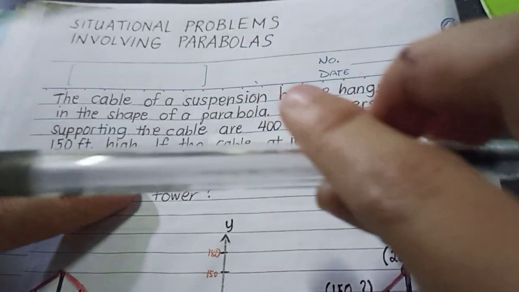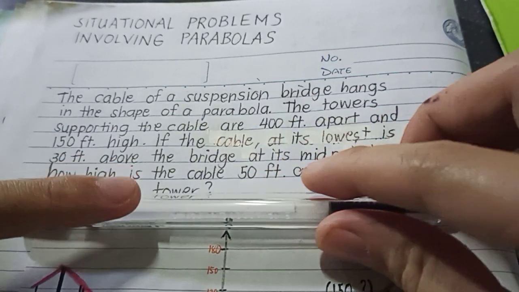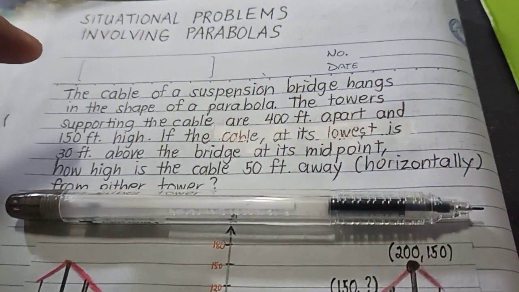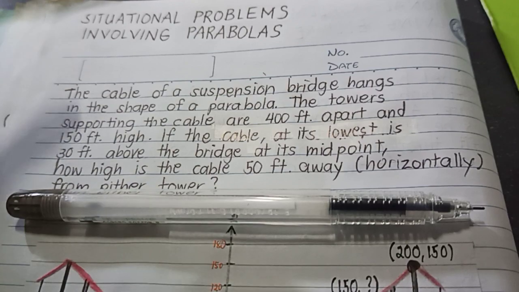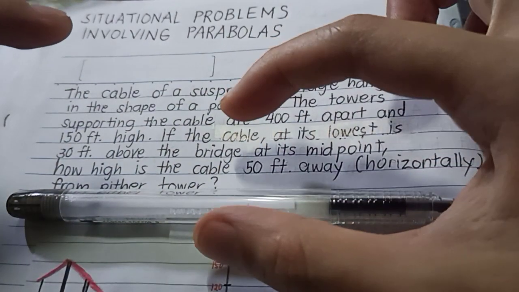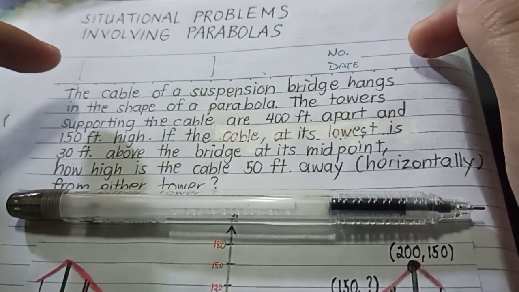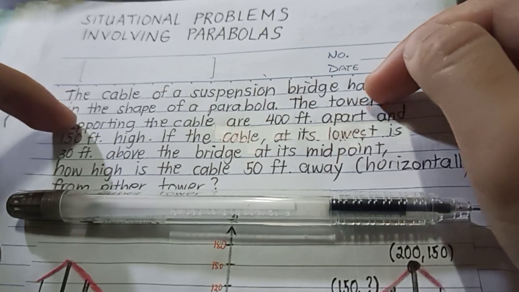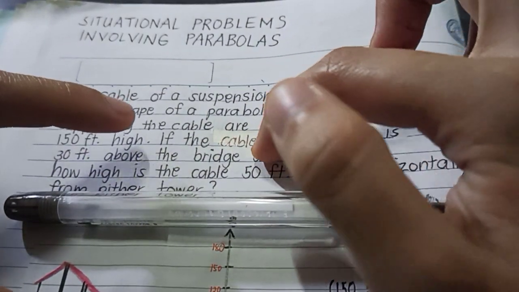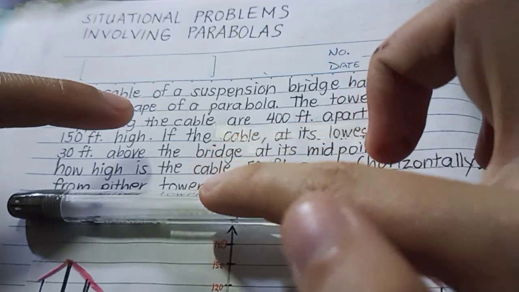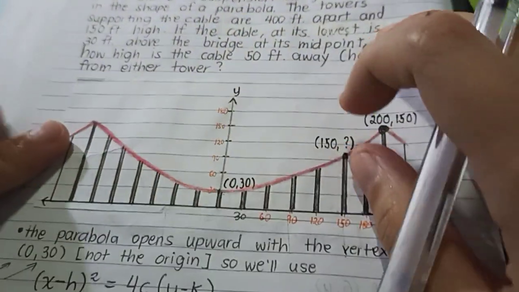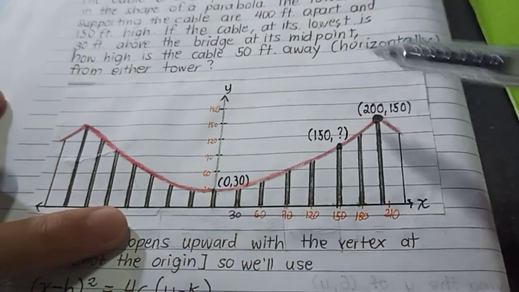So if this is the bridge, the lowest height of our cable wire is 30 feet above. That means the cable of the suspension bridge should not be touching the bridge per se, right? This is the ideal, 30 feet pa nga eh.